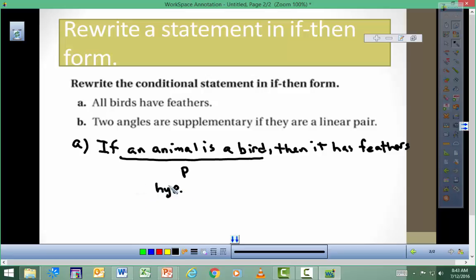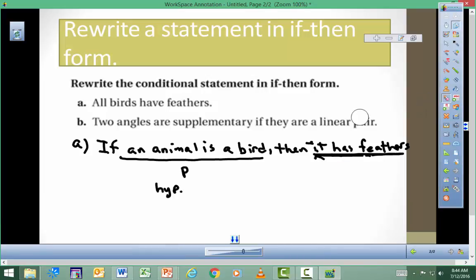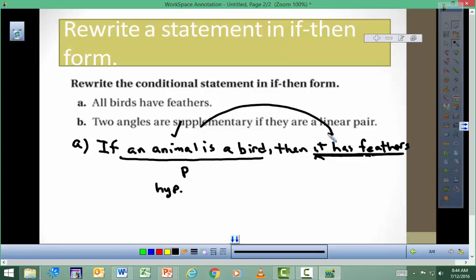Okay, the second portion that comes after the then is this part here, it has feathers. That part right here. That's your conclusion. So notice that this condition must be met before you read on to this part here. That's why it's called a conditional statement. Okay, so in any event, this is what we'll call Q, and this of course is the conclusion.